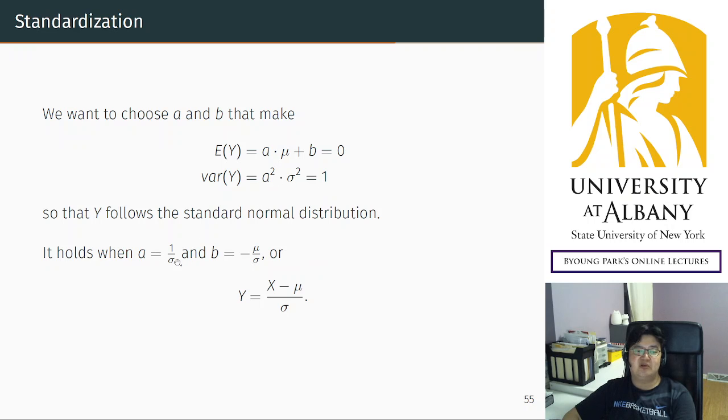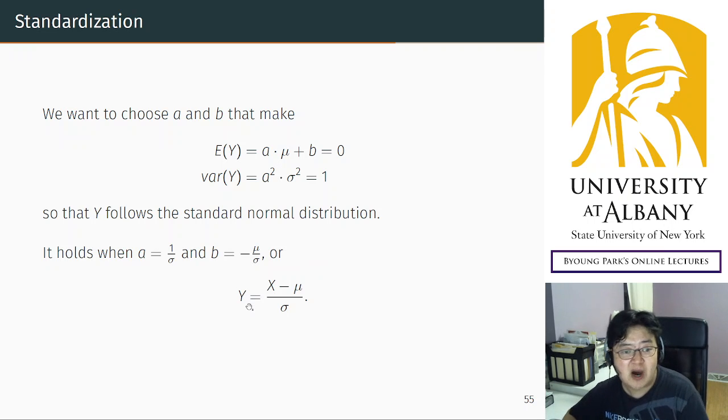And b should be minus mu over sigma. Then it is easy to see that the mean will always be 0. If you plug in this a and b, the mean and the variance will always be 0 and 1. In sum, our new random variable Y looks like this.